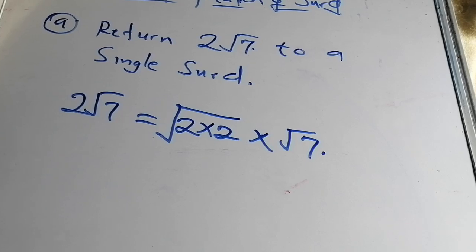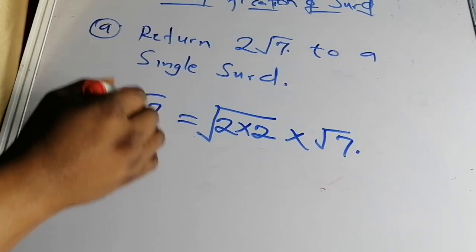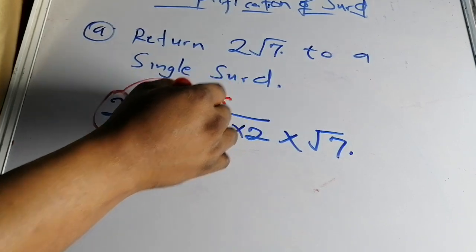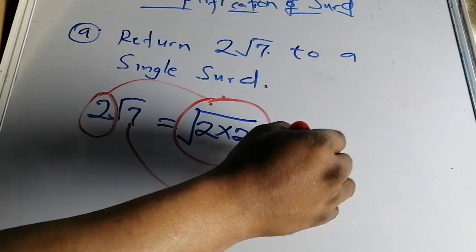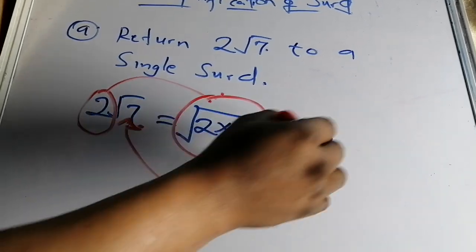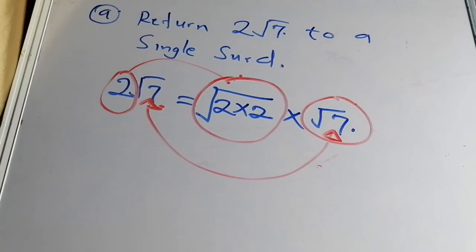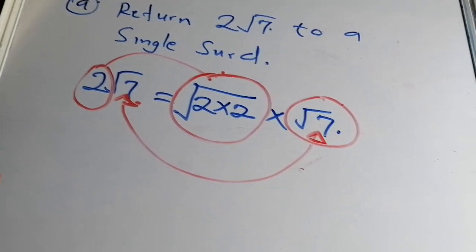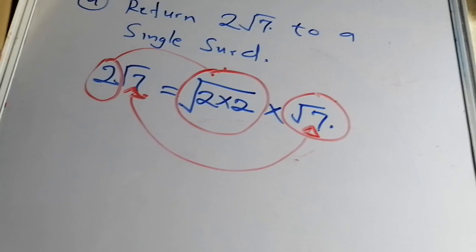So this 2 here is the same thing as what we have here. Then this 7 here is the same thing as what we have here. Very simple. What I'm trying to do is return 2 root 7 to a single surd.